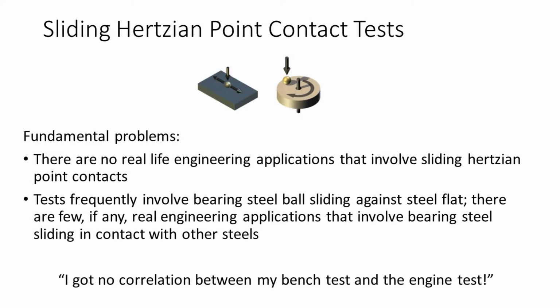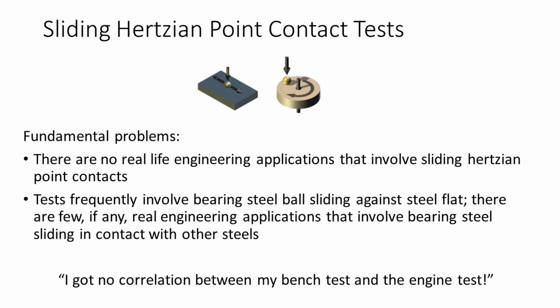There are some fundamental problems with the sliding Hertzian point contact test configuration. Firstly, there are no real-life engineering applications that involve sliding Hertzian point contacts. Secondly, tests frequently involve a bearing steel ball sliding against a steel flat. There are few, if any, real engineering applications that involve bearing steel sliding in contact with other steels.